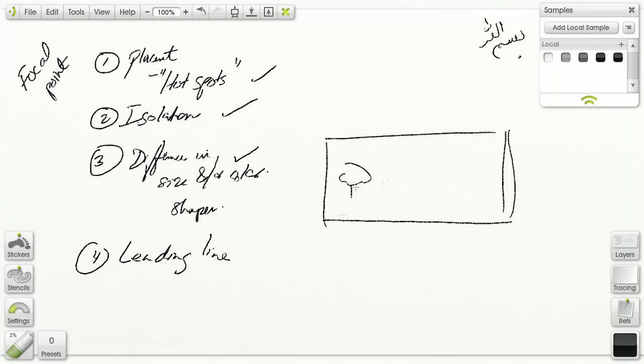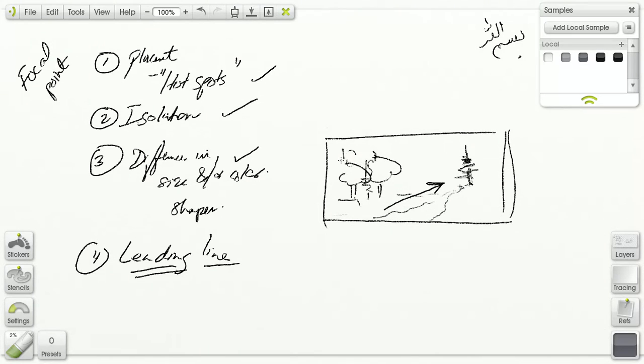So I'm gonna draw this tree here, draw this tree over here, and this tree over here, but then you want the reader to focus on this tree over here. So what you do is you make a road going towards that tree. There we go. See? So these are called leading lines. They kind of lead the eye to that tree.